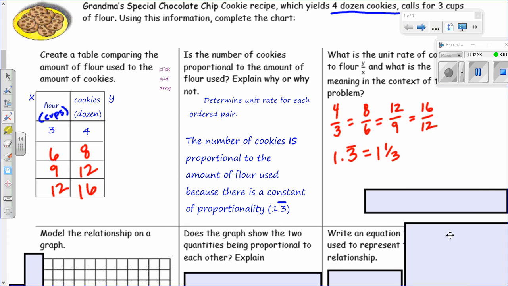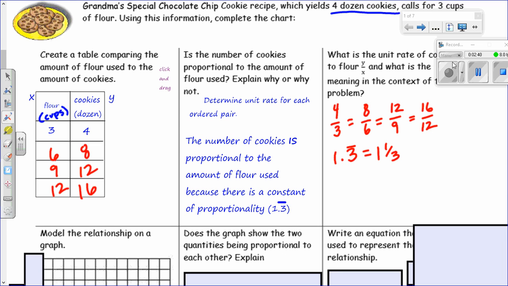Okay, so what does that mean in context of the problem? When you see that in context of the problem, that's saying for this problem. What does 1 1/3 or 1.3 repeating mean for this problem?